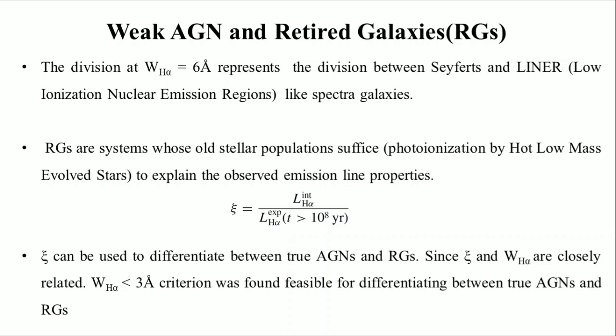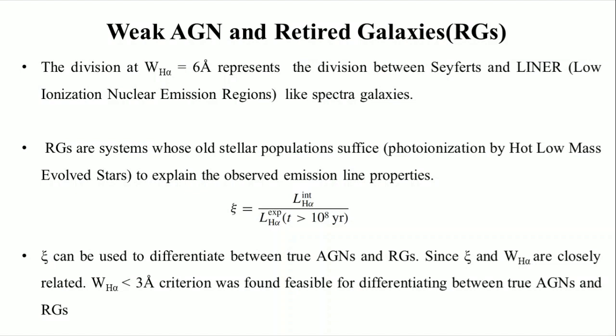Weak AGN are AGN whose emission is not strong enough to be classified as strong AGN. But retired galaxies are galaxies where the emission is due to photoionization by hot low mass evolved stars. They could mimic weak AGN, but the emission is actually from hot low mass evolved stars, which are also called HOMES in most literature.